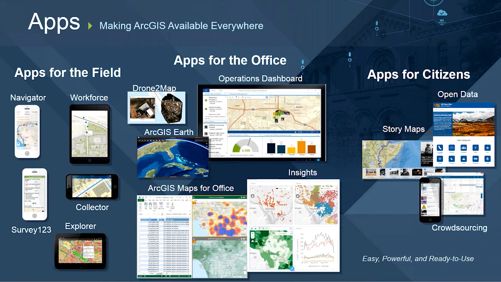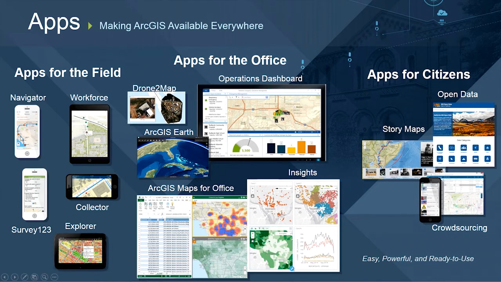It also enables things like Survey 123, which gives you the ability from a mobile device to deliver robust survey instruments into the field. They have conditional questions that enable your staff to go and conduct surveys and report that information back to your organization. Simple apps like our Explorer app that enable visualizing your maps in the field.